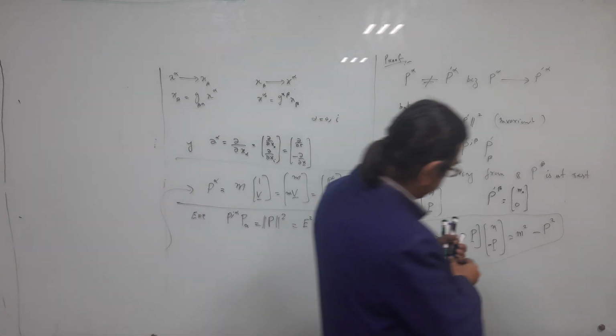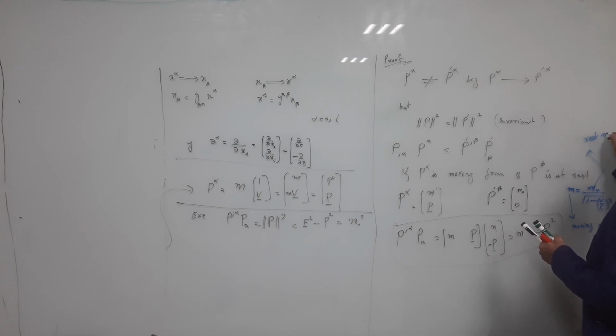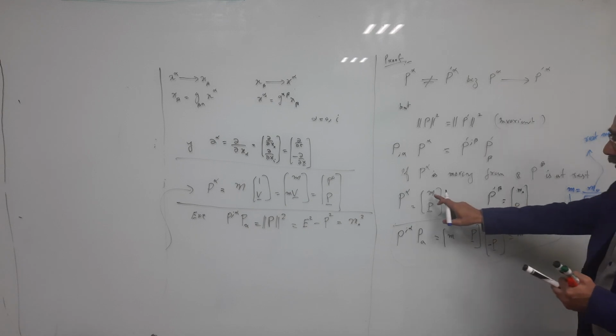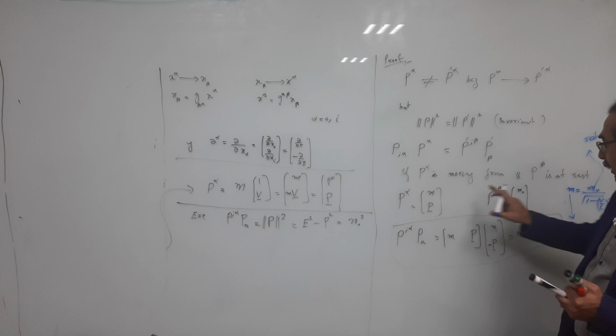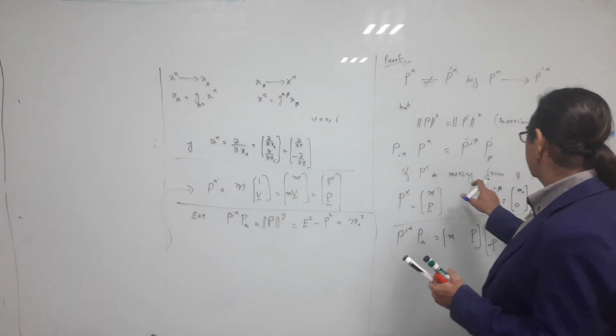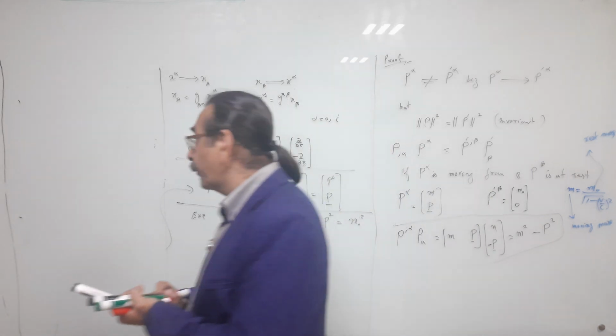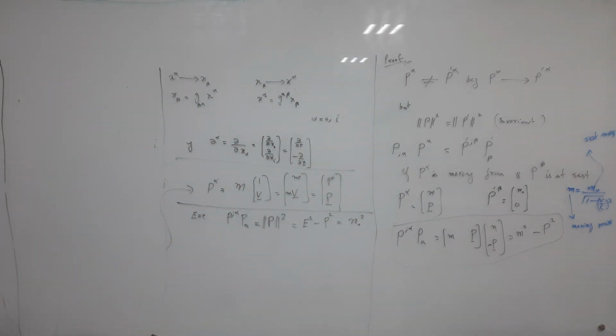You must mention that M is equal to M naught 1 over V over C square. This is moving mass and this is rest mass. Why is there a difference? Here both are moving, so that's why M. Here it is M naught, because they are at rest. M is a moving frame and M beta is a rest frame. Got it?